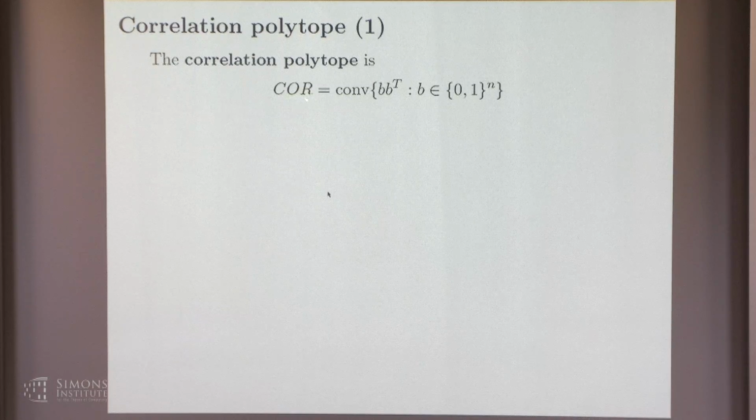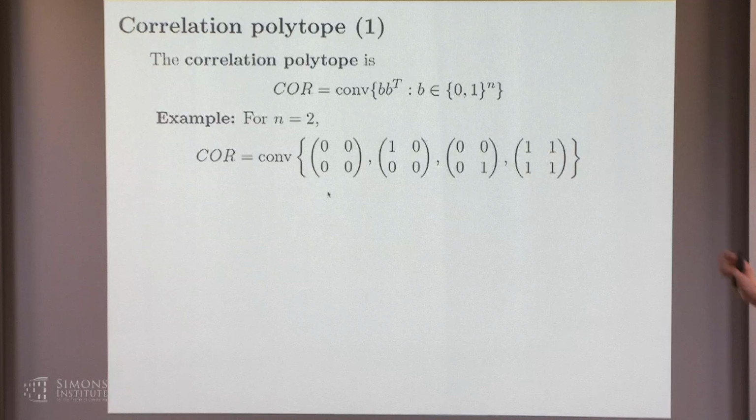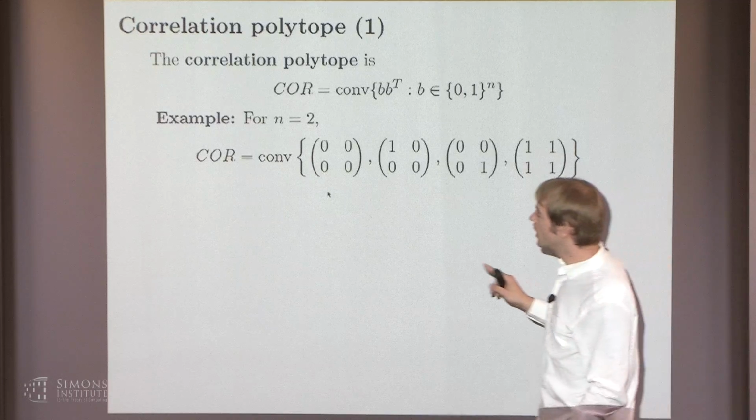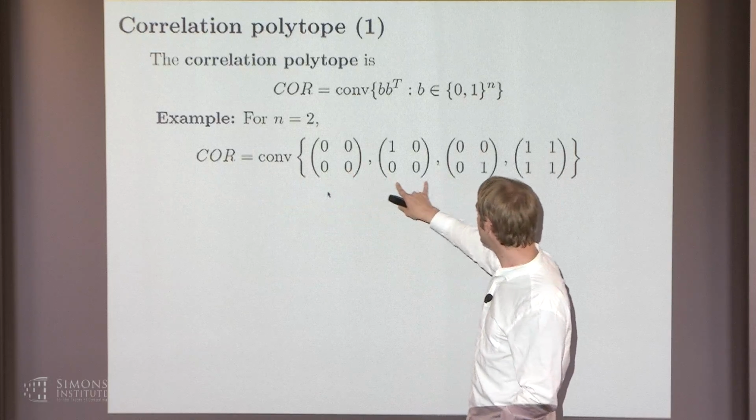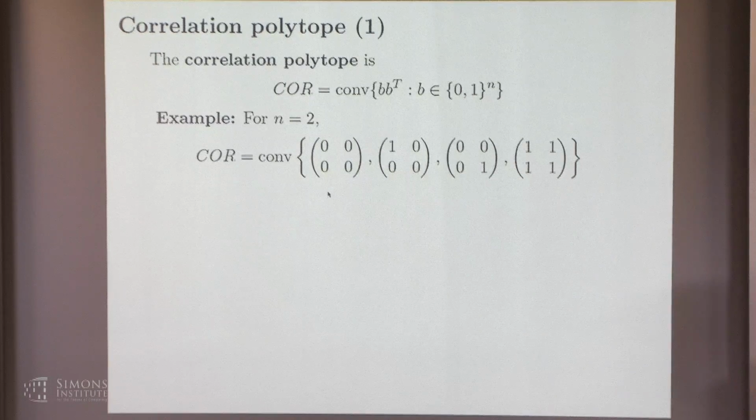You just look at the convex hull of all 0-1 matrices that have rank 1 or 0. So that's nice to write down. For example, in 2 dimensions, we are looking at the convex hull of these matrices here. They all have rank 1 or 0, and they have only entries 0 or 1. We would love to show that any linear program for this polytope has exponential size. That's what we would like to do.